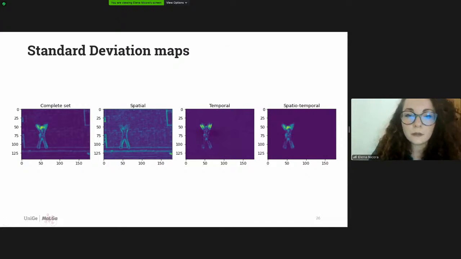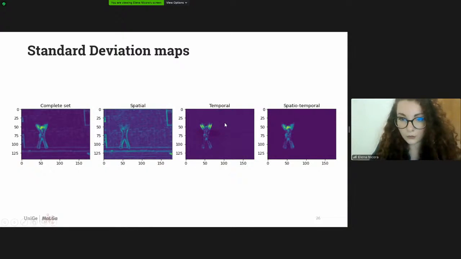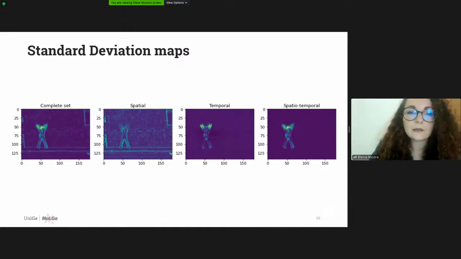In addition, here in the temporal filter, I don't know if it's visible enough, it seems that the background is not really uniform. This is because temporal filters alone might capture problems related to the poor resolution of the videos, if we don't have, for example, HD video, and problems related to white noise.